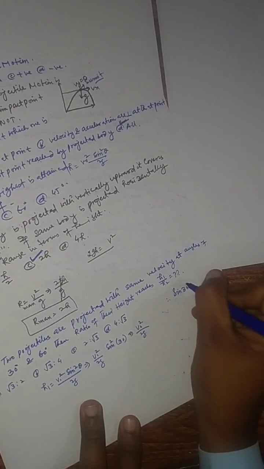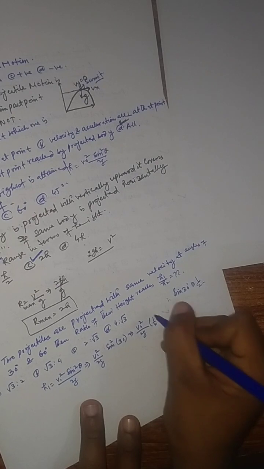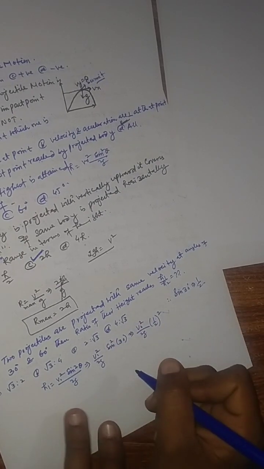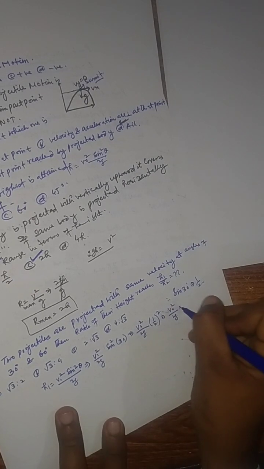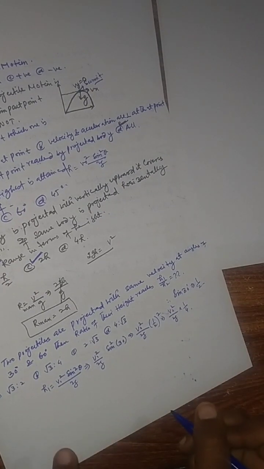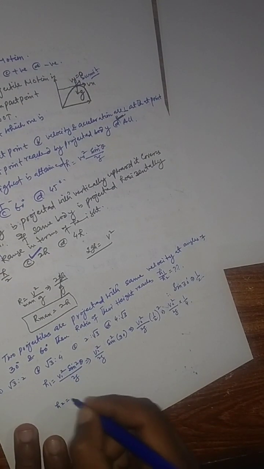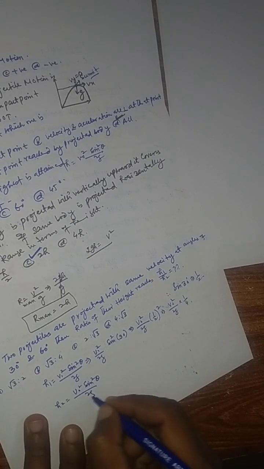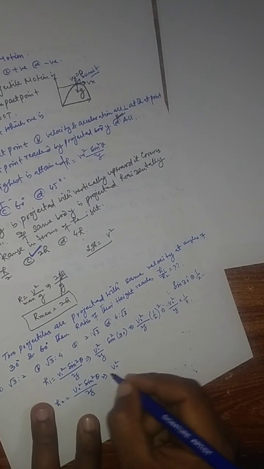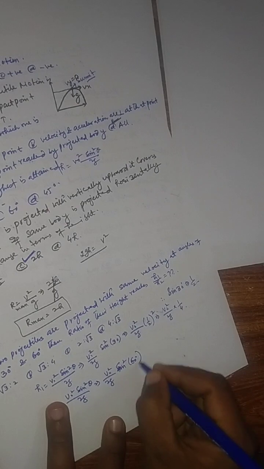Sine 30 is how much? 1 over 2. So this will be 1 over 2, and squaring it we get v naught square over 2g into 1 by 4. Okay, and h2 is equal to v naught square sine square theta over 2g, and v naught square over 2g into sine square 60.